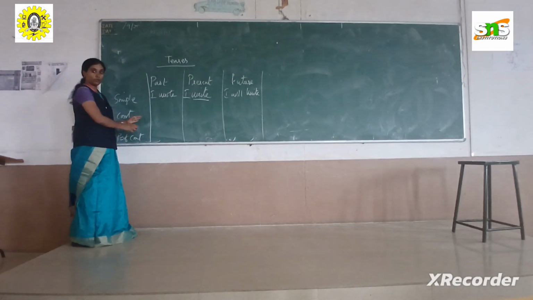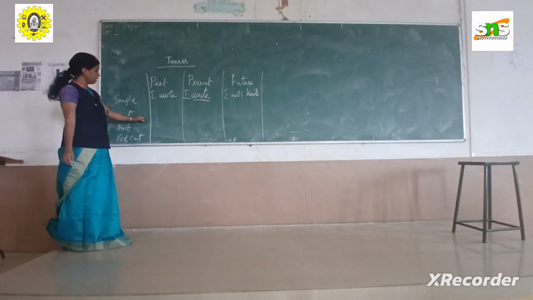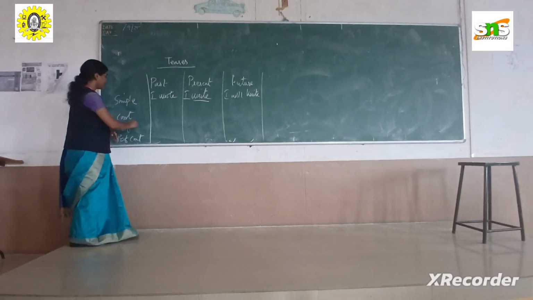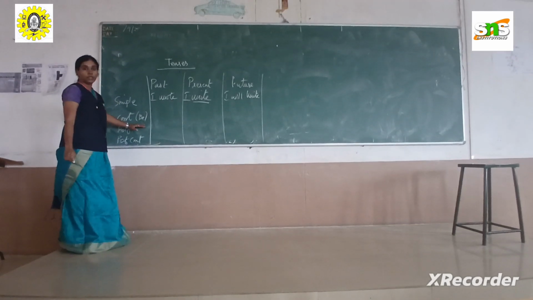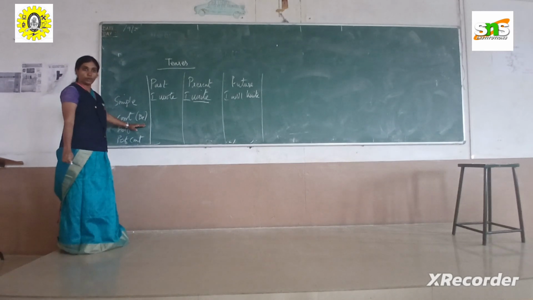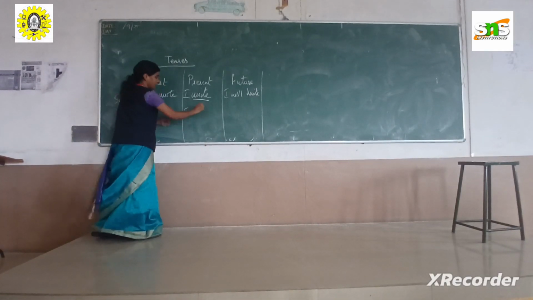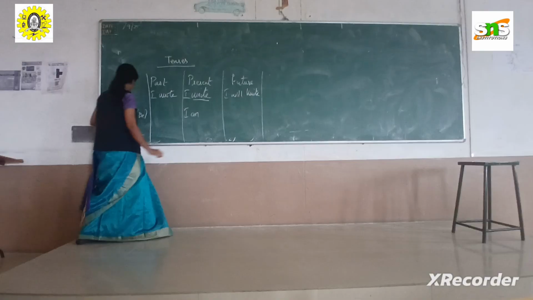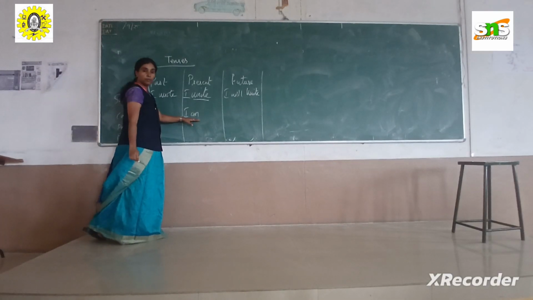Continuous tense. So if you see continuous tense, one thing you have to remember. Like we have seen about be verbs, the be verbs are what we use in continuous tense. So here, I write. In the continuous form, I am using am as the be verb here.